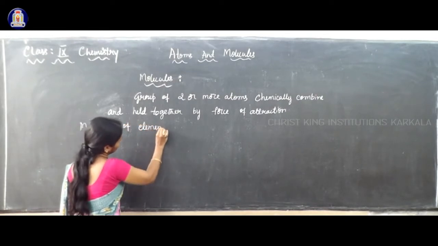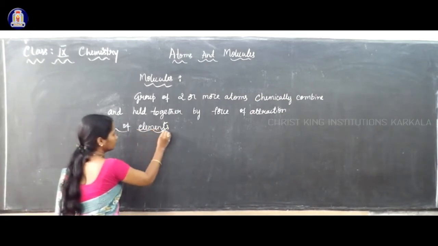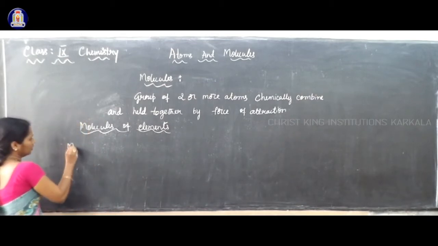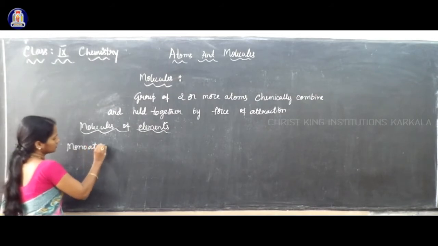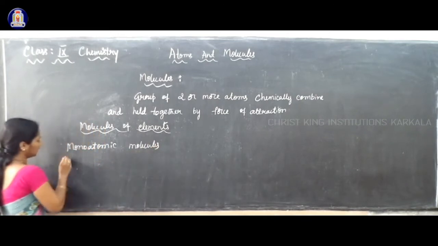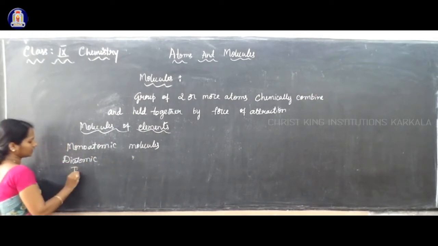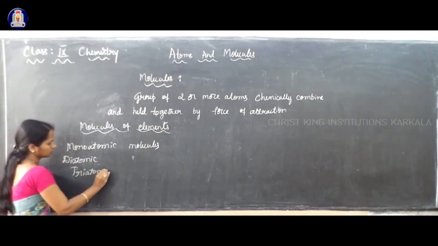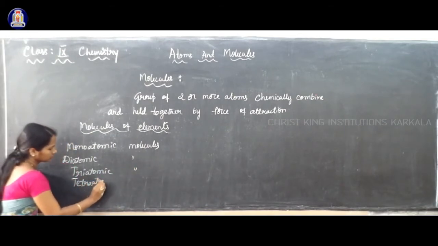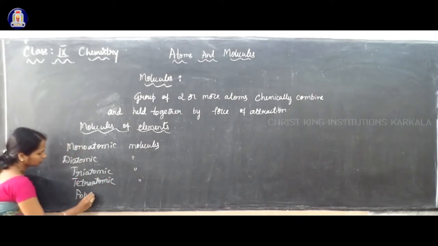When you consider molecules of elements, there are monoatomic molecules, diatomic molecules, triatomic molecules, tetraatomic molecules, and polyatomic molecules.